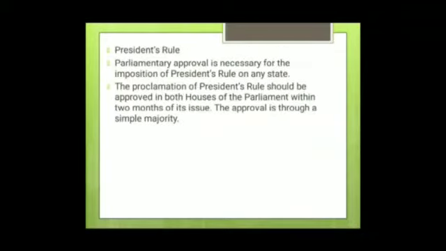Then moving on with President's Rule, further understanding. Parliament approval is necessary for the imposition of President's Rule on any state. It has to be approved by both Houses of Parliament within 2 months of its issue.